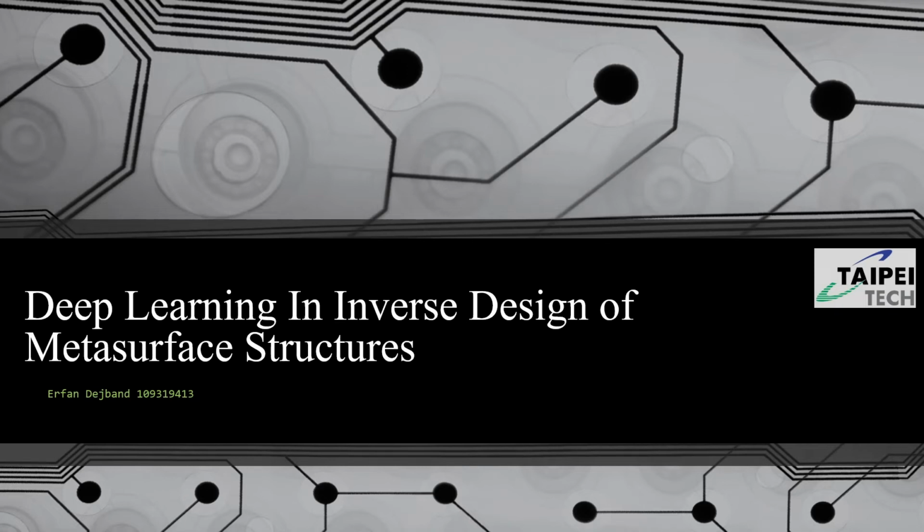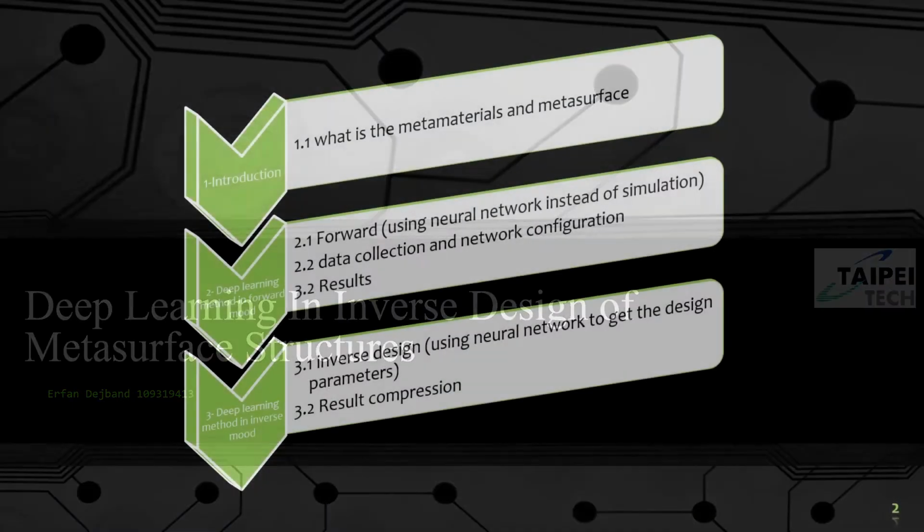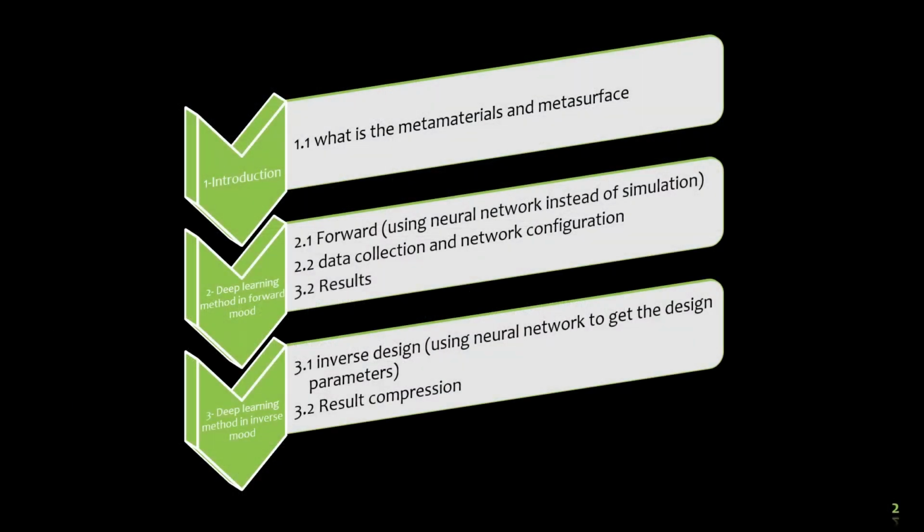Hello everyone, my name is Erfan Dejband and my deep learning project is about using deep learning to inverse design metasurface structures. To this purpose, first I talk a little bit about what is metamaterial and metasurface. Then there are two different models.